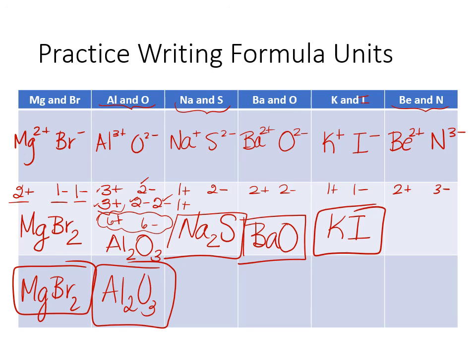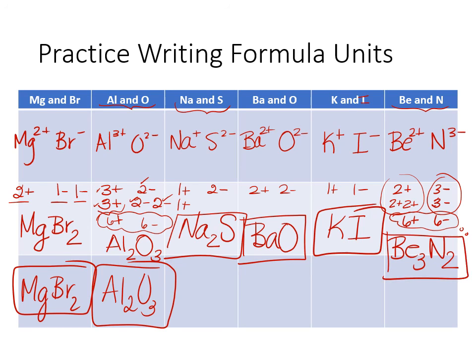To get 6 plus, I need 3 berylliums, and then for 6 minus, I need 2 nitrogens, each a 3 minus. So that's 3 berylliums and 2 nitrogens. Be3N2. That's the lowest ratio, so that's my answer.